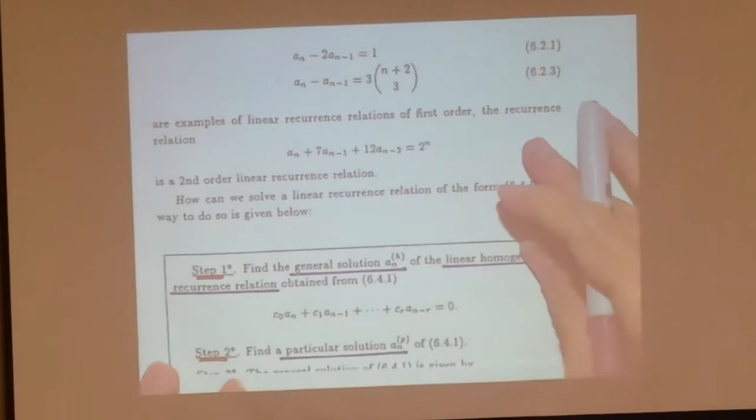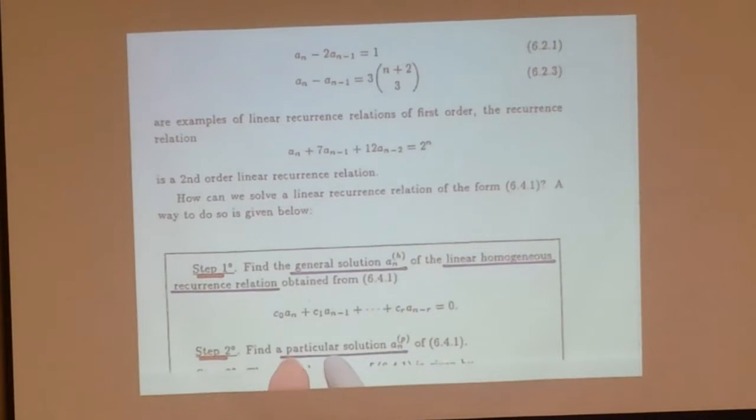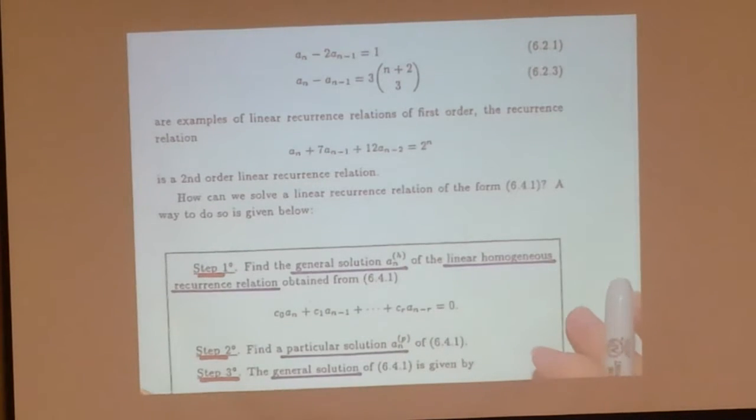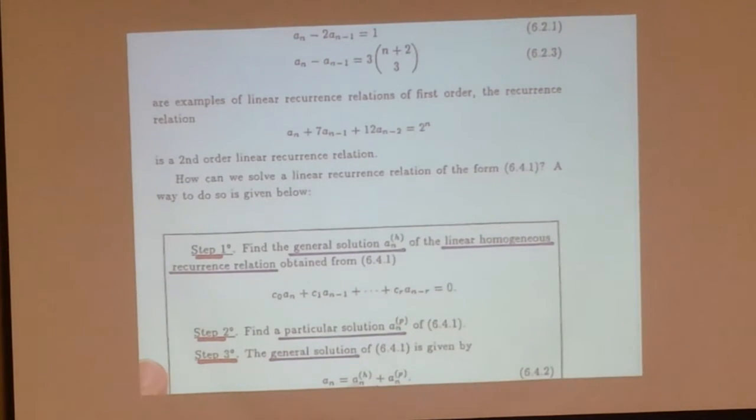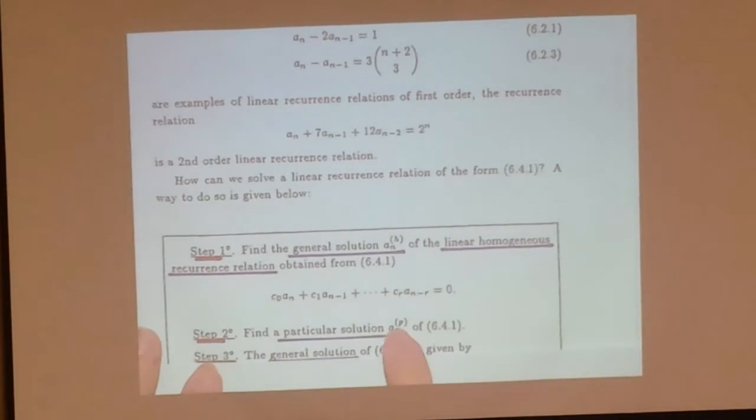And then the short step you have to do is to find a particular solution. We call it a_n^p. So step 2 is you have to find a_n^p. After that, you add the solutions from step 1 and step 2, which gives you the general solution to the linear recurrence relation. So the short step is to find a_n^p.